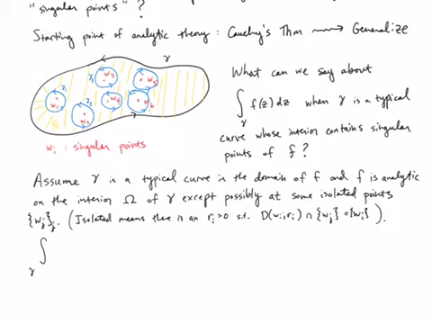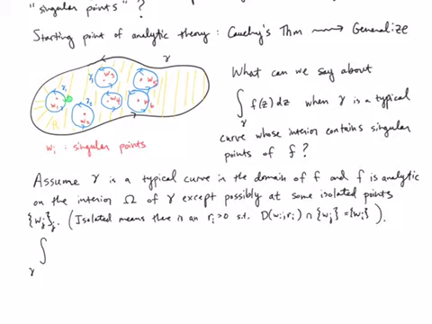You have to imagine that if you go counterclockwise in R, that would induce an orientation going the other way along one of these gamma i's, and that's a clockwise orientation.